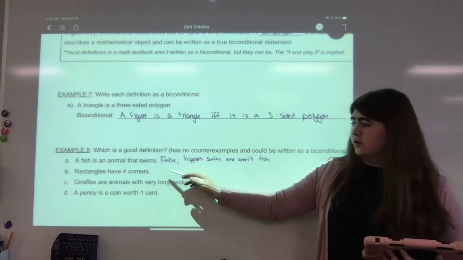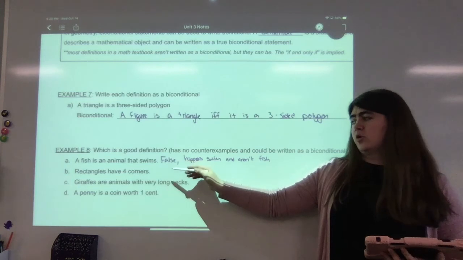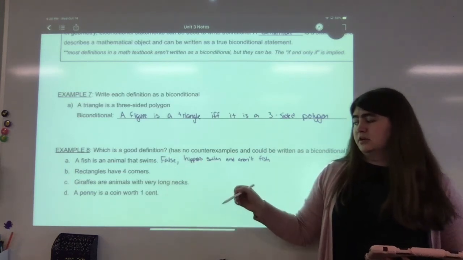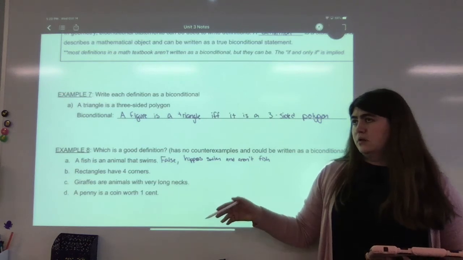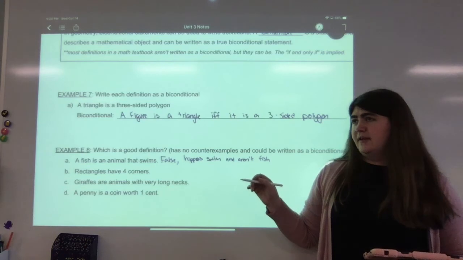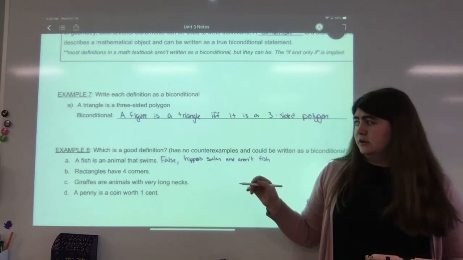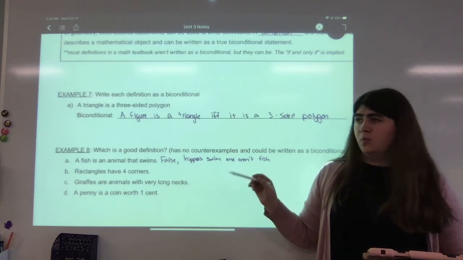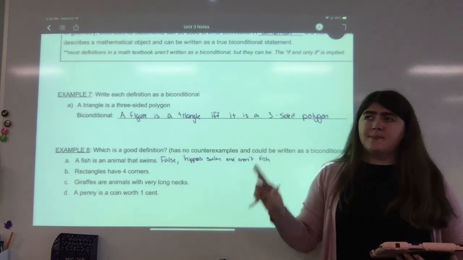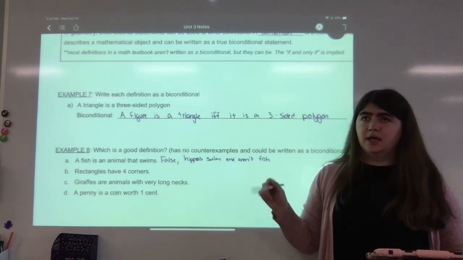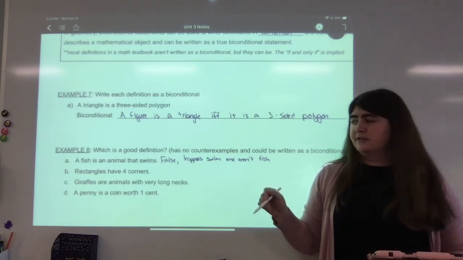Rectangles have 4 corners. If it is a rectangle, then it has 4 corners. If a shape has 4 corners, then it is a rectangle. Okay? So if we think about that, the definition of a rectangle is that it is a 4-sided shape where the 2 opposite sides are congruent and all corners are 90 degrees.